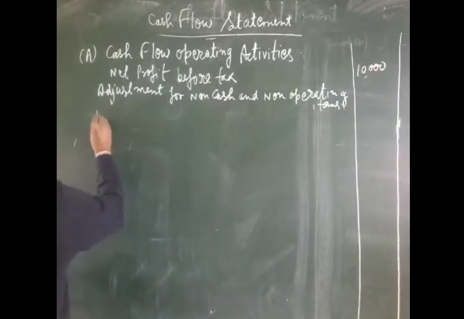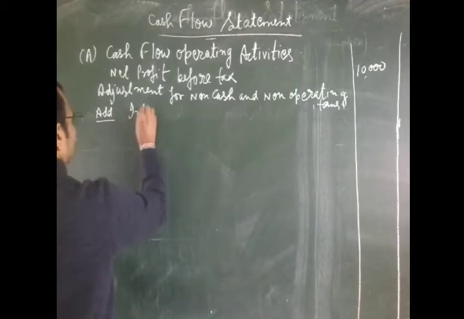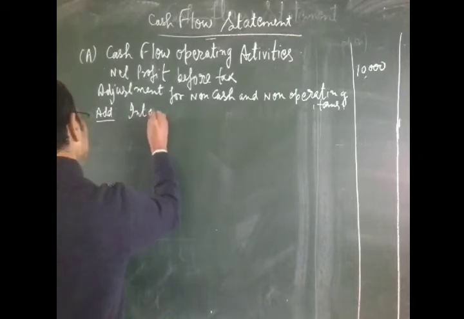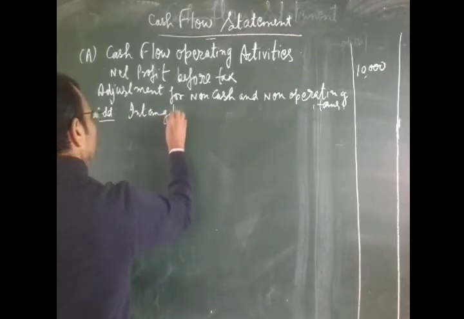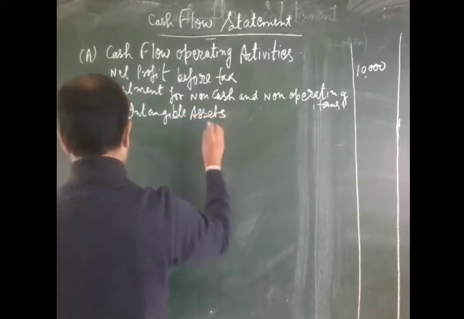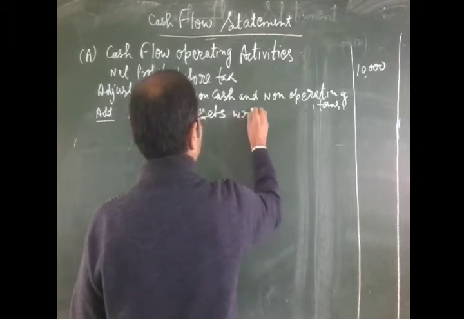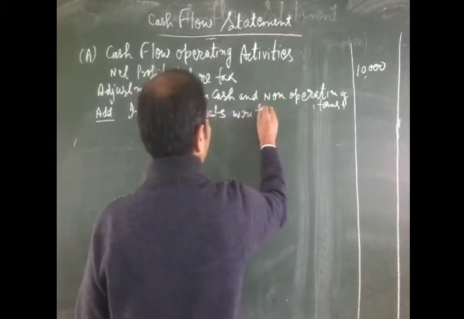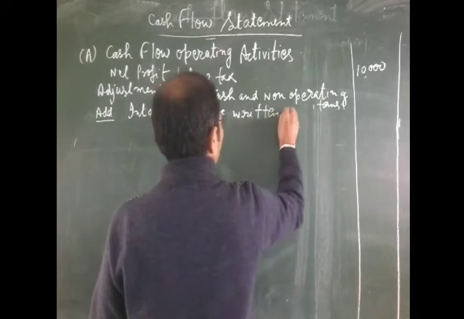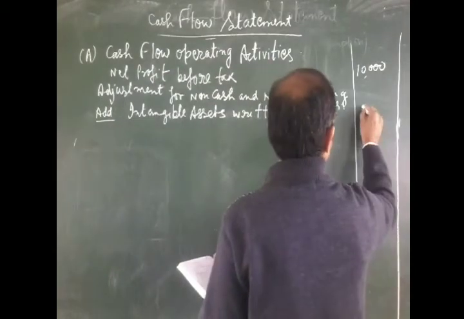Now you can see, we will add here non-cash item intangible asset. Intangible assets written off, and the amount will come 15,000.